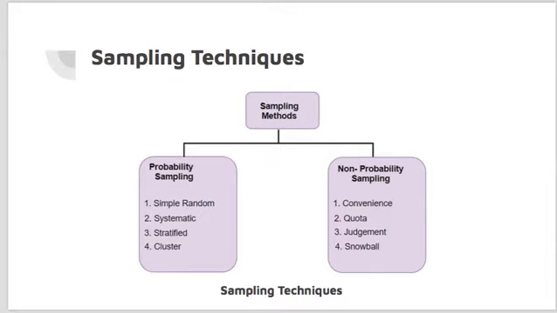For example, with probability and non-probability sampling, let's say our population consists of 20 individuals.